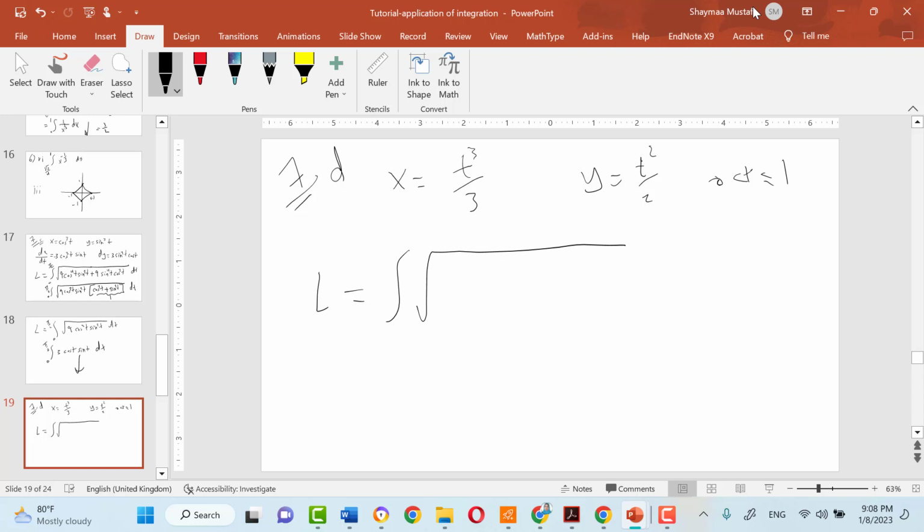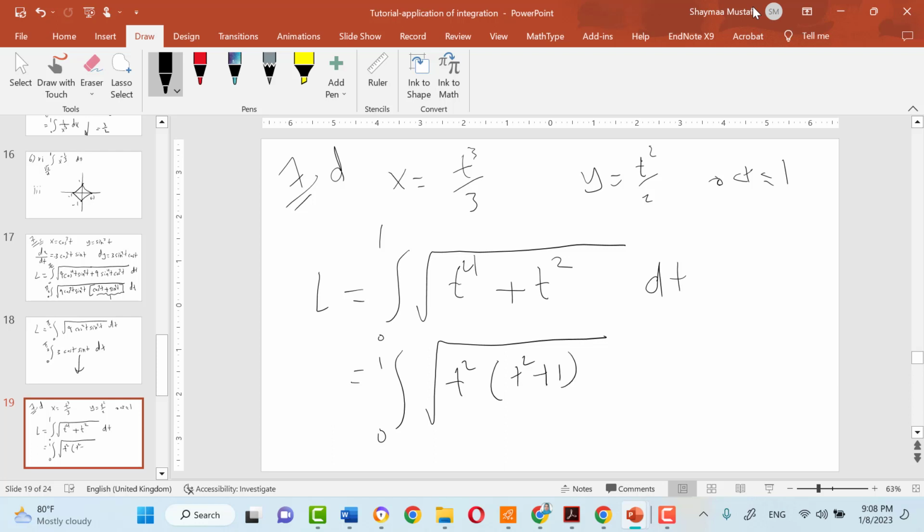The integration will be the square root of t to the power 4 plus t squared dt from 0 to 1, which is t times the square root of t squared plus 1 dt from 0 to 1. So for this one you take the substitution u equals t squared plus 1, then du will be 2t dt. Then you can continue.